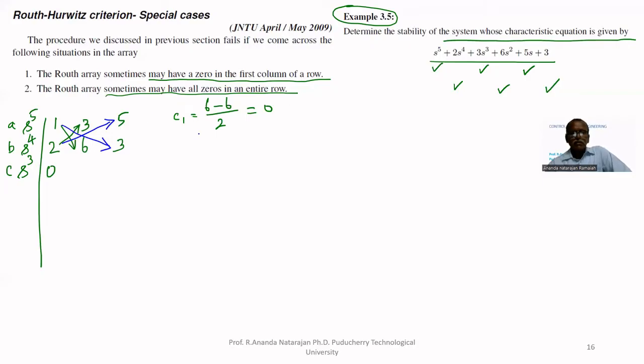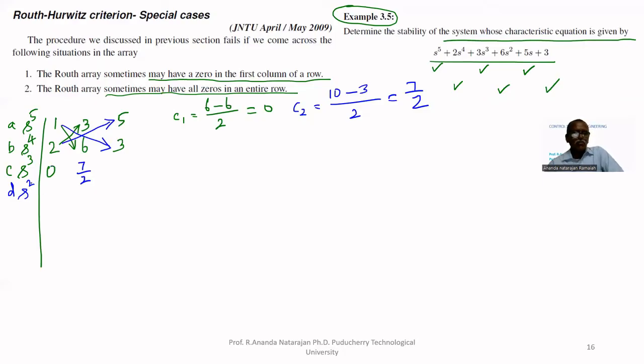So what will you get? C2 equal to 10 minus 3 divided by 2, that is 7 by 2. So we cannot proceed further. You cannot find the S square row because we have to divide by this number. That's why we cannot proceed.